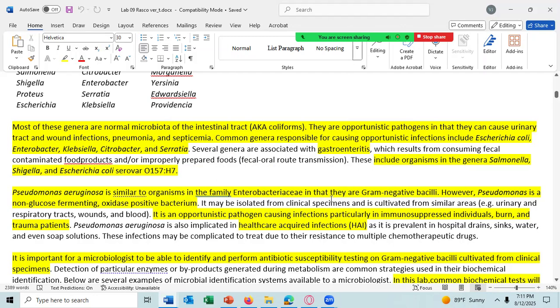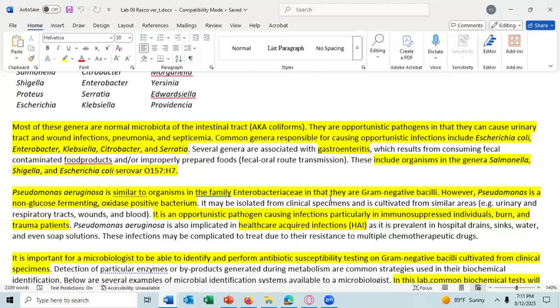Several genera of the family are also associated with gastroenteritis. These include organisms of the genera Salmonella, Shigella, and E. coli serovar 015787. Normal E. coli is found in people's guts, and it actually helps us digest our food.